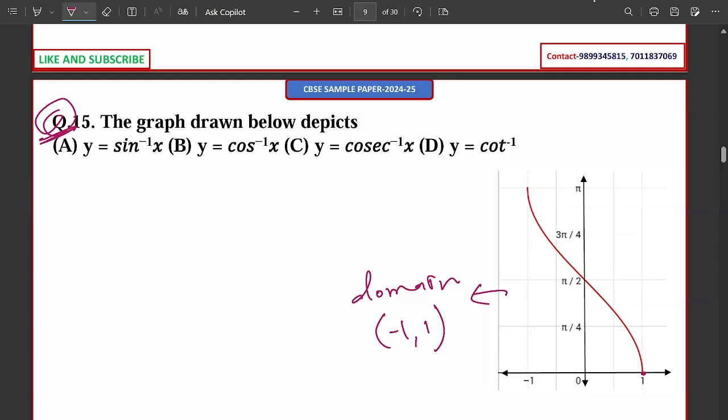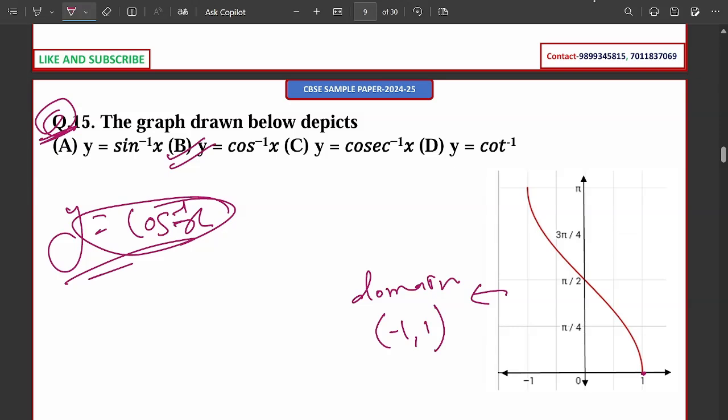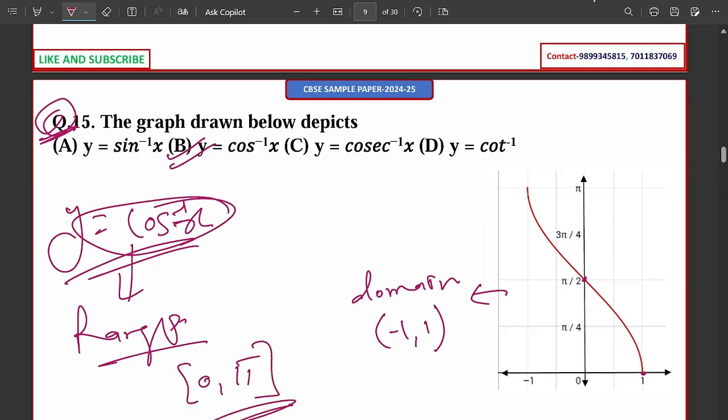So if domain is -1 to 1, option number B. So this graph is actually cos inverse x. All the range and domain follow according to this, because this graph cuts pi by 2, and the range will be 0 to pi, so option number B will be the correct option.